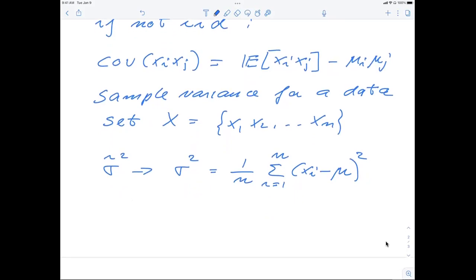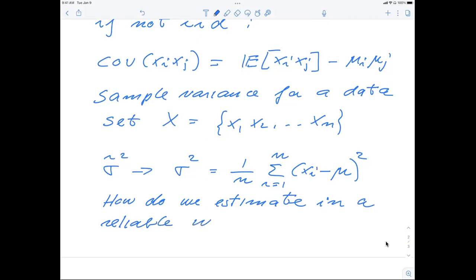So the question which we have now is, how do we estimate, based on our calculations, in a reliable way, sigma squared with a given set of data.